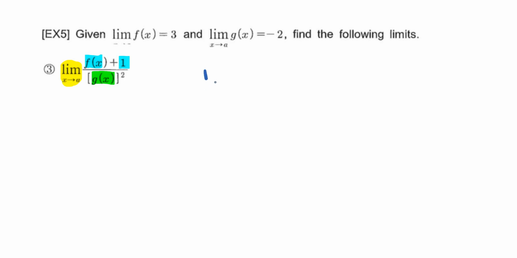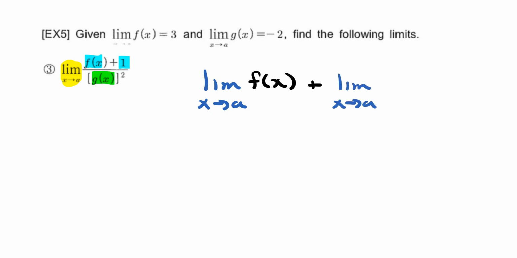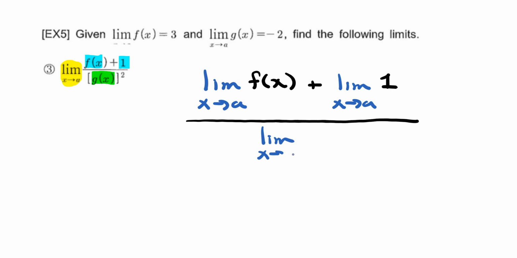So if I go ahead and distribute the limit sign, I get limit as x approaches a of f of x plus the limit as x approaches a, and then we times that by 1, all divided by the limit as x approaches a of g of x. And all of this is being squared. All right, so that's how you apply the limit signs into the numerator and the denominator.